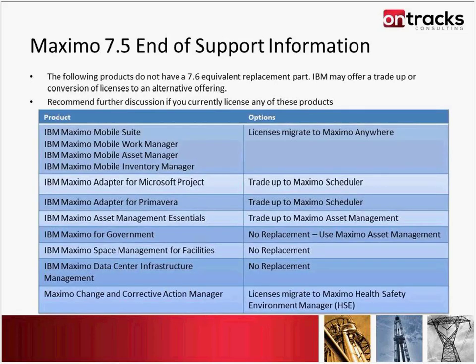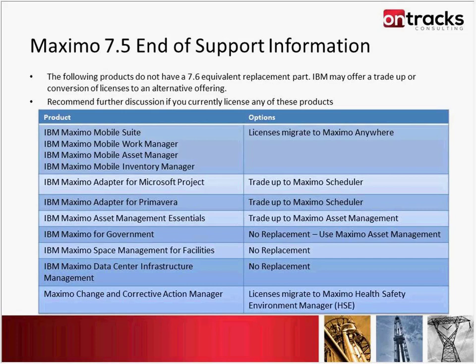There's a few products in the Maximo suite that don't have a 7.6 version equivalent replacement, so IBM may offer a trade-up for these. If you have any of these products, you may want to have a discussion with IBM, or with myself, to see exactly what your options are.